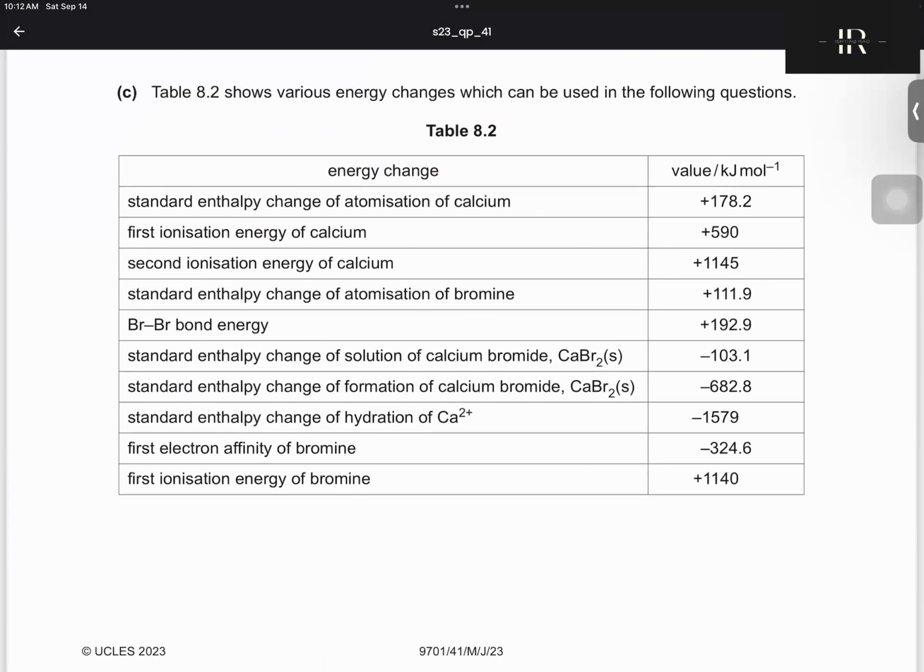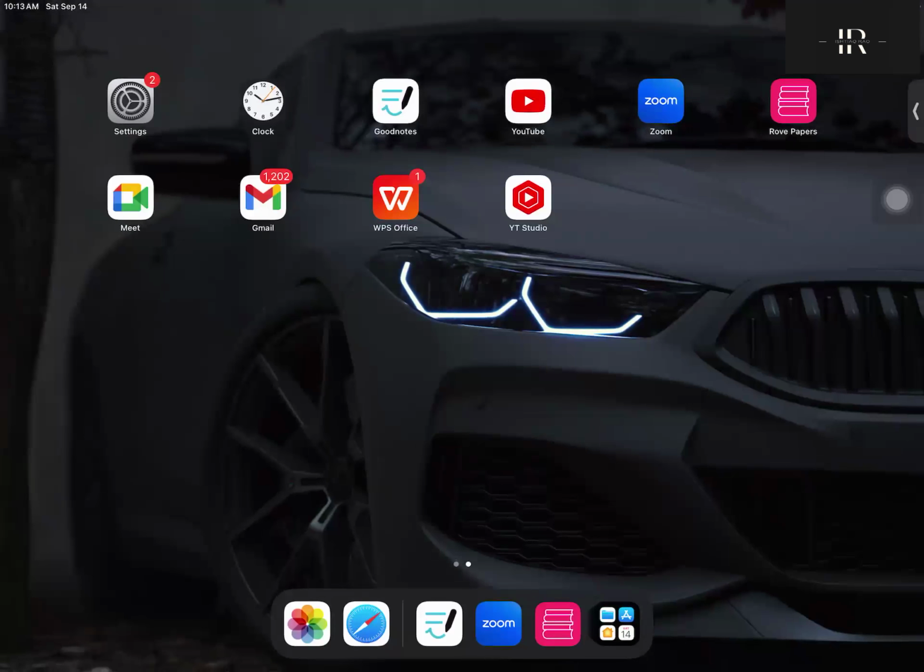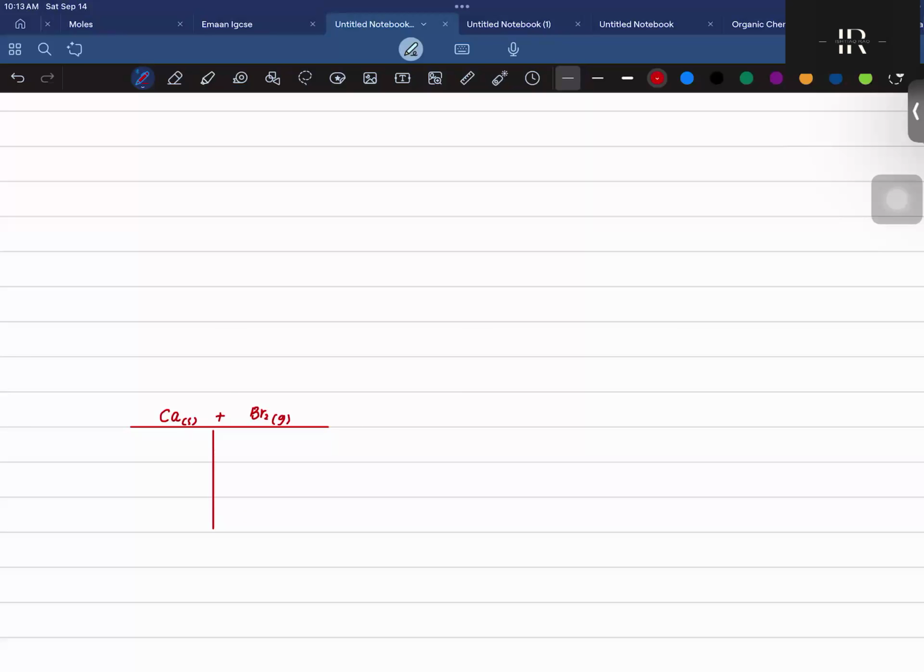Bromine bond energy, electron affinity, ionization energy, hydration of calcium, atomization of bromine, then enthalpy change of atomization of bromine, then bromine bond energy, that is 192.9. Okay, yes. So first of all, I told you that you would be writing down this.